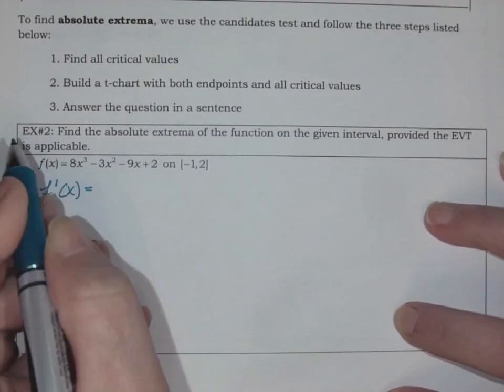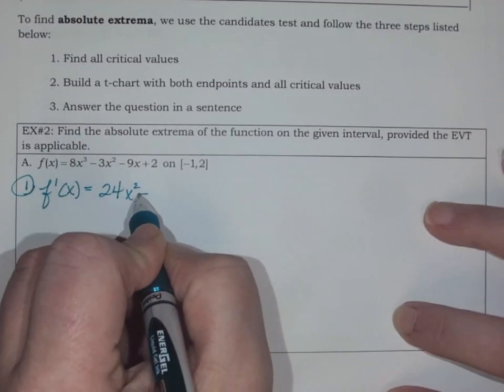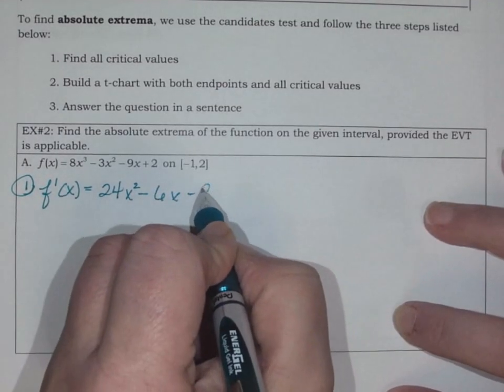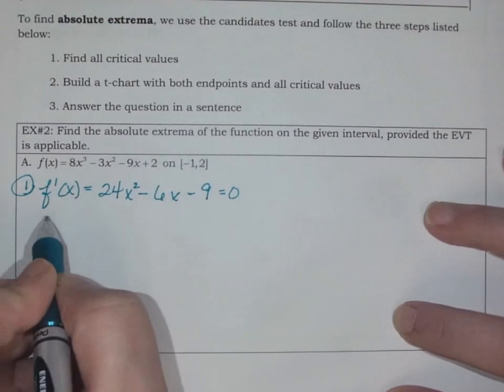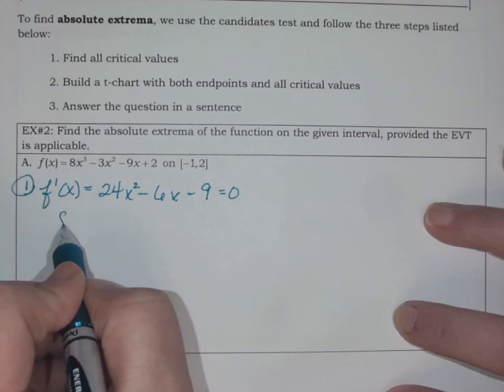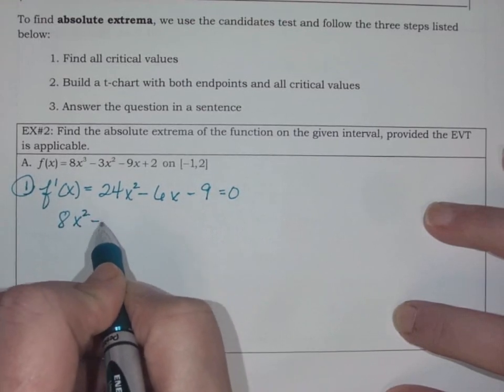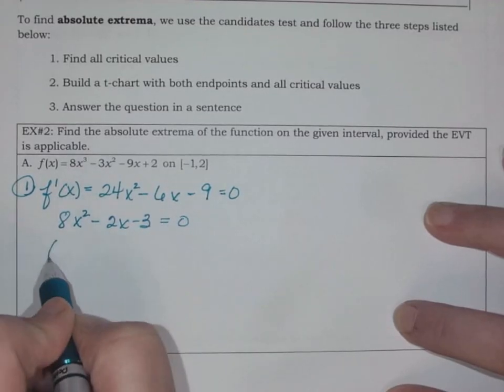So f prime of x is equal to 24x squared minus 6x minus 9. And so we want to know where that's equal to 0. Well, I'm going to take out a 3, so that would be 8x squared minus 2x minus 3 equals 0.